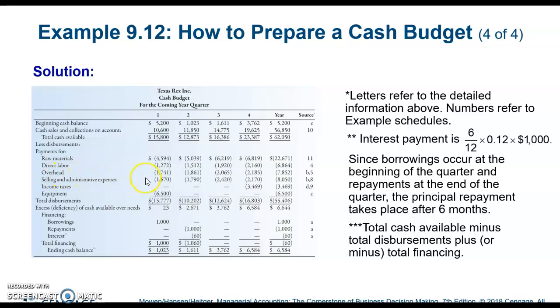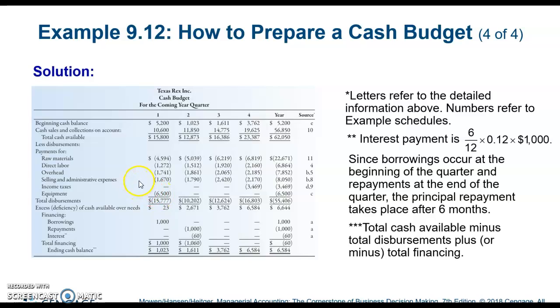And we need for overhead $17.41 to pay for it. That came from the overhead budget. The selling and administrative expenses, we need $16.70 for it. And for the equipment, for that capital budget equipment that we're going to buy, which we said we were going to put in the first quarter, that's $6,500.